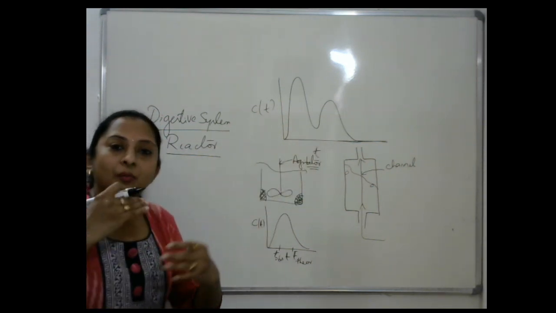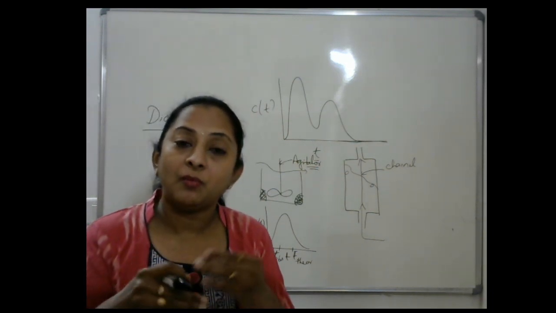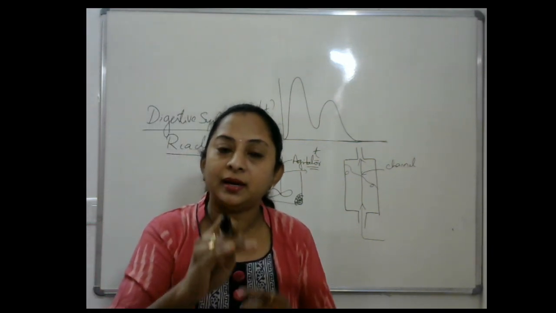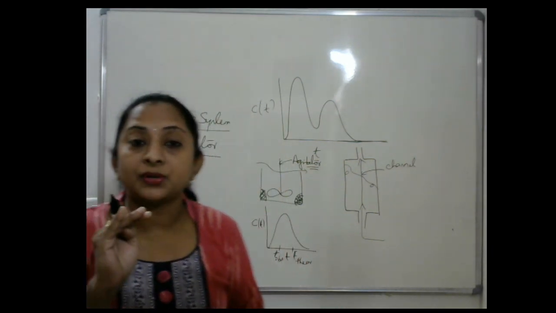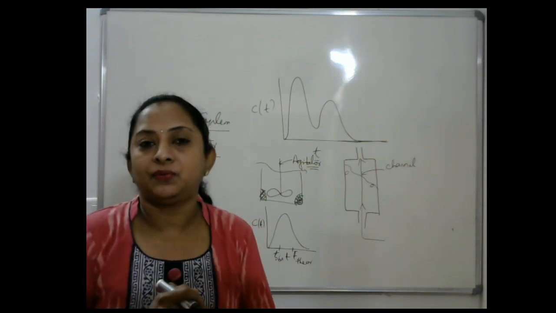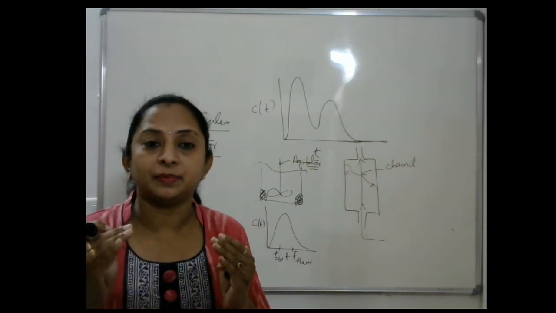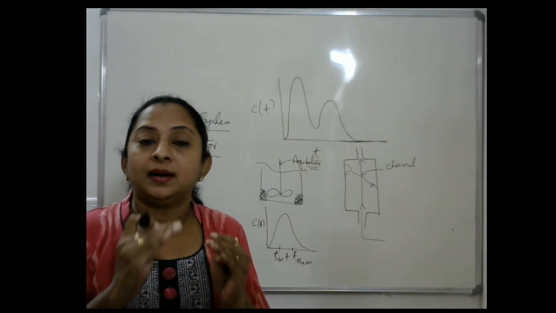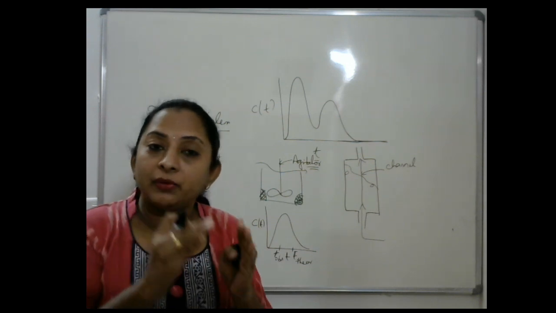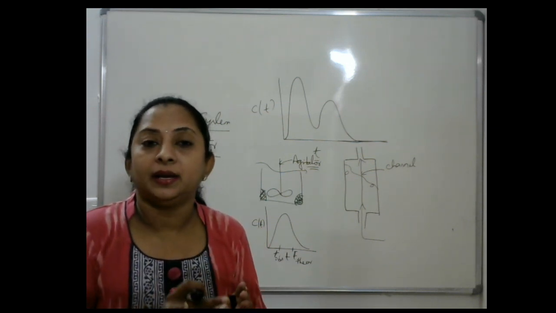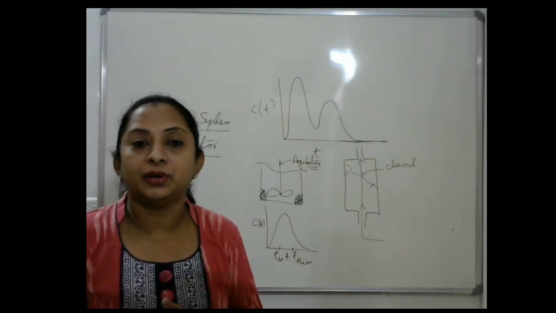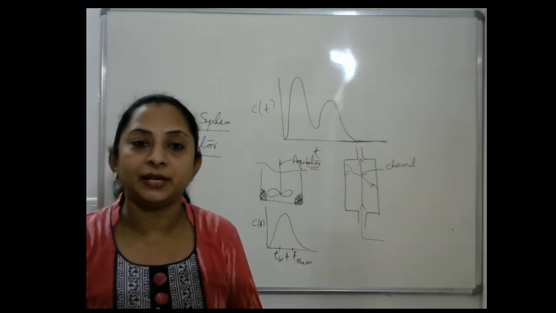But if I want to model this digestive system, I can approximate that as a mixed flow followed by a plug flow, and equations will be developed accordingly to find the conversion, or the concentration at the exit.